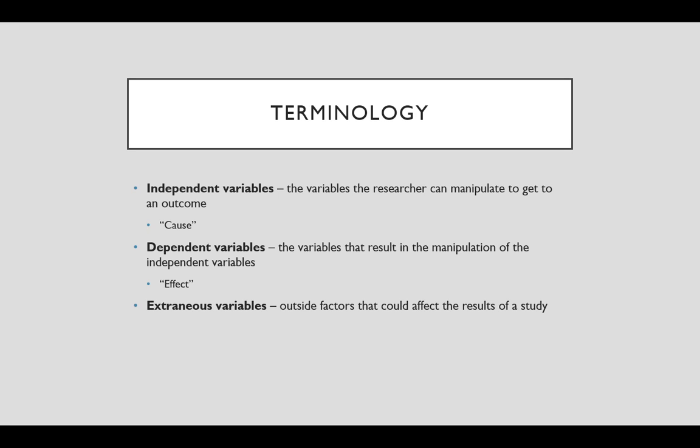Now, there are extraneous variables as well, which are outside factors that could affect the results of a study. For example, if you're studying how long it takes to get from your place of business to the sandwich shop down the street, an extraneous variable could be a stop sign.